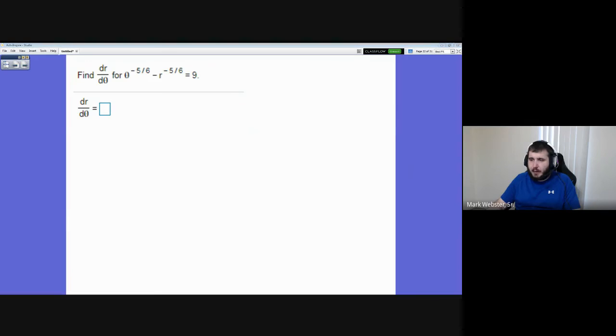All right, once again, here we're finding dy over dx, but now they changed the variables. So now y is r and x is theta. If it helps you, you could literally just, over here, say y is r and x is theta, and then change it to be x to the negative 5/6 minus y to the negative 5/6 equals 9.